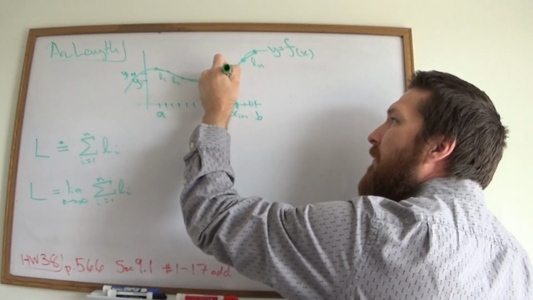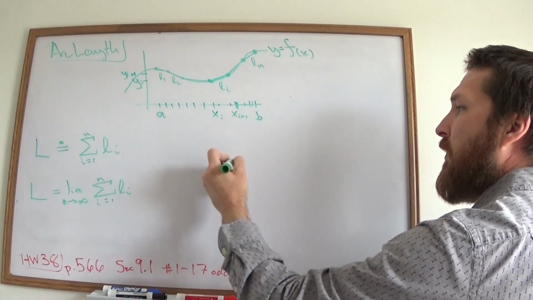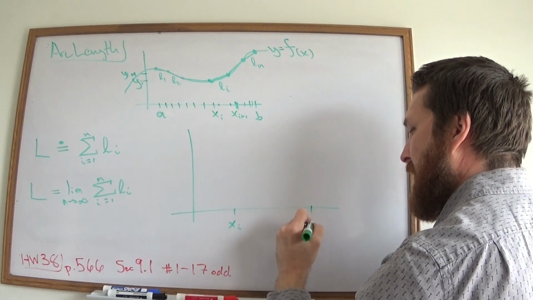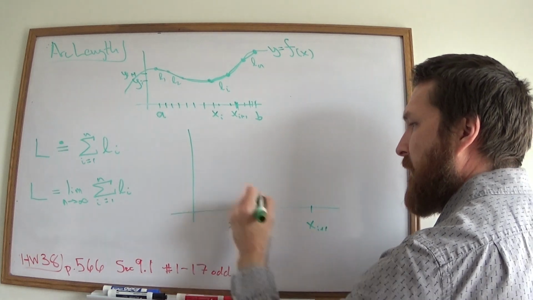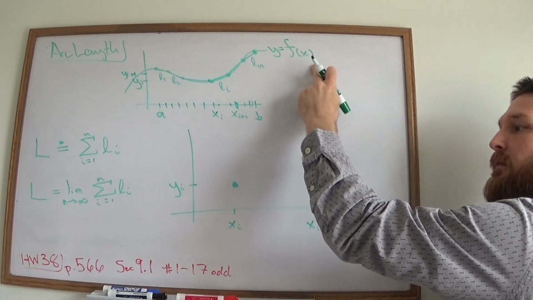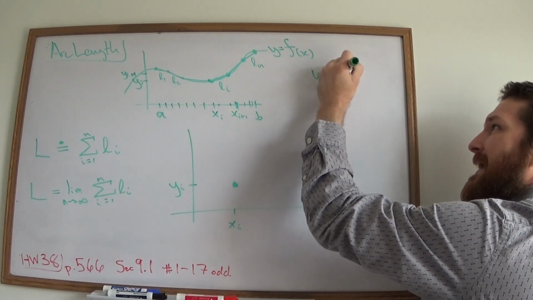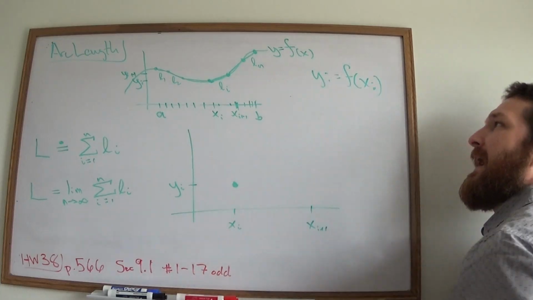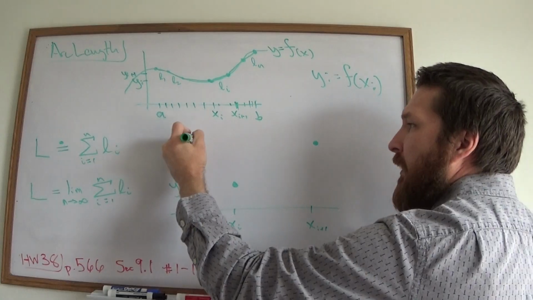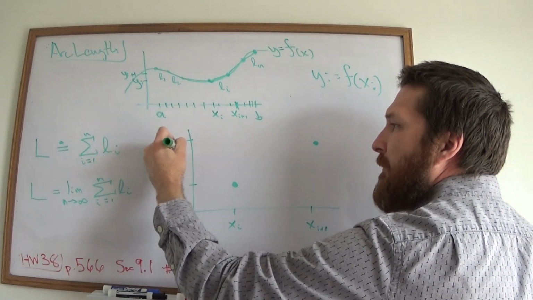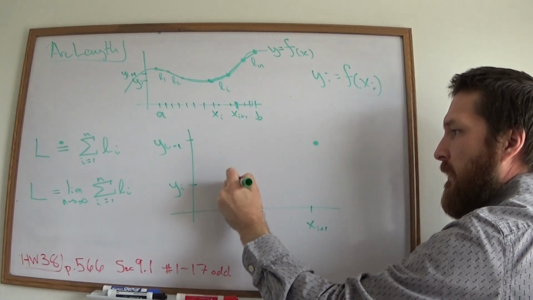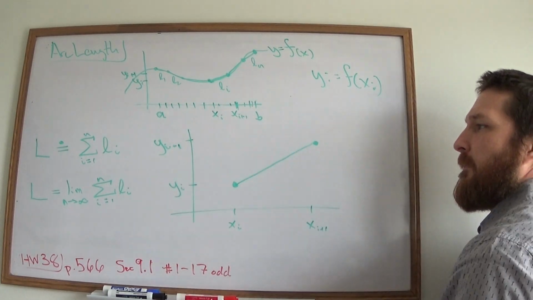Let's figure out this length right here, so I'm going to zoom in on this. We're at x sub i and x sub i plus 1. We have some output y sub i given by the function, right? y sub i is what I get out when I plug in x sub i. And then I have some other output y sub i plus 1 when I plug that in. And the line that I drew between them is that line right there, L sub i.